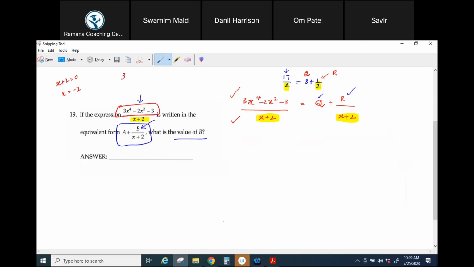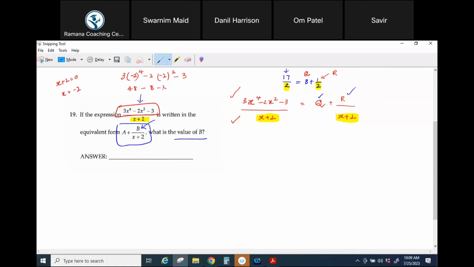So 3 times, what is the x value? Negative 2 to the power 4, minus 2 times negative 2 squared, minus 3. What is negative 2 to the power 4? 16 times 3. What is 16 times 3? 48. And then what is negative 2 squared? 4 times negative 2? 8.